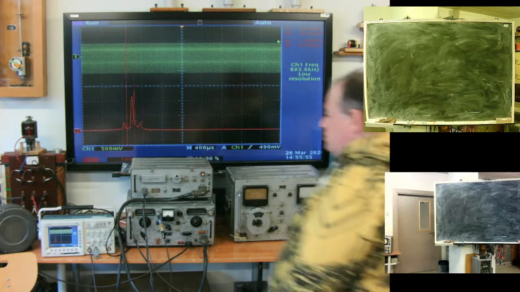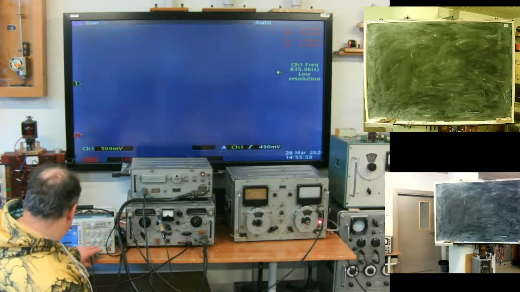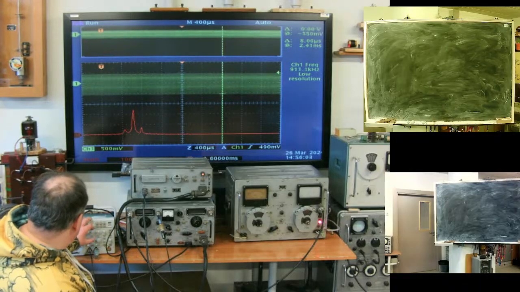Maybe, wait 1 second, maybe I can use the zooming function on this one.